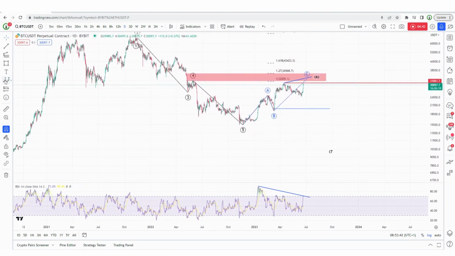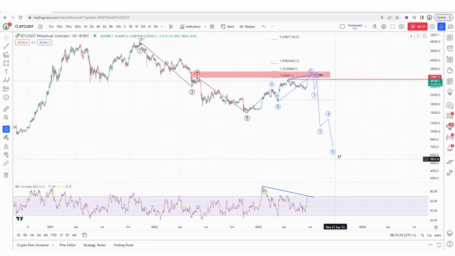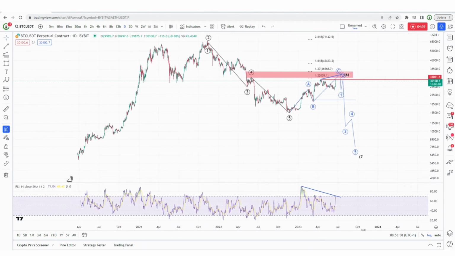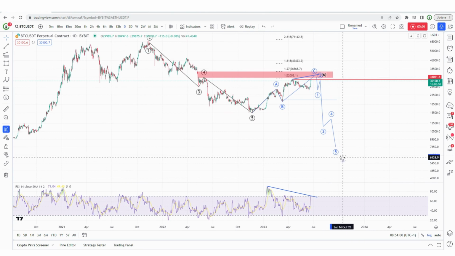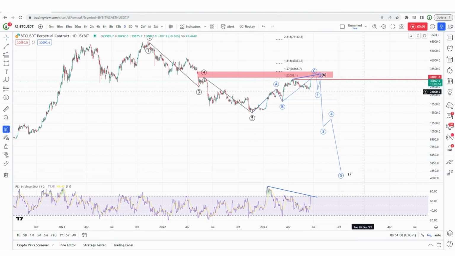And within leg 7, we could either have just a very, very quick 3 legs down, and it could be very aggressive. So this is what I'm worried about. And then our actual bottom is around, well, it could come down to 3 grand quite easily and very, very quickly. This is what I'm worried about.